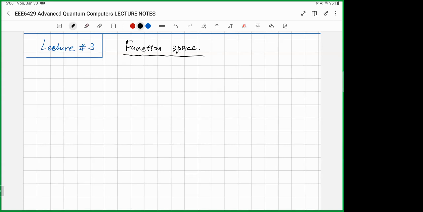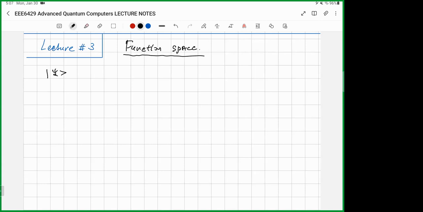Basically, that's because this vector that we denoted by, for example, psi ket, this psi can be a vector of any kind, including a function.